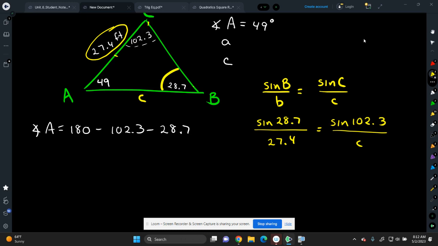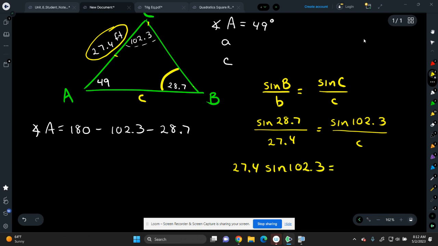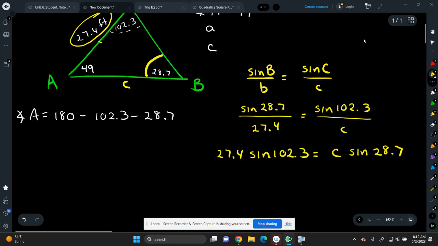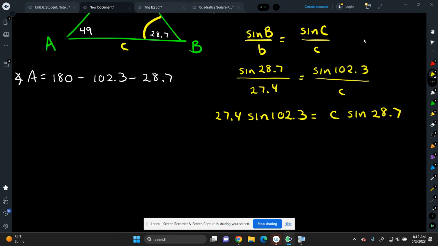So we're going to cross multiply. 27.4 times the sine of 102.3 will equal C times the sine of 28.7. So then to solve for C, we're going to divide by sine of 28.7.